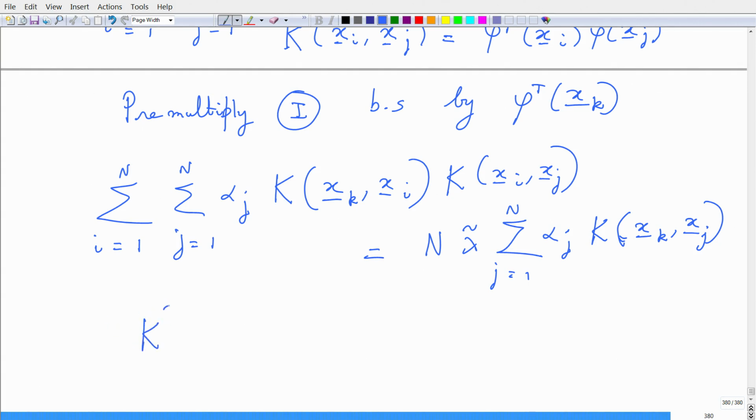K square times alpha, if I write this messy equation that I have here involving summations etc. in the form of a compact matrix equation, I can write this as K square times alpha equals N times lambda times K times alpha.